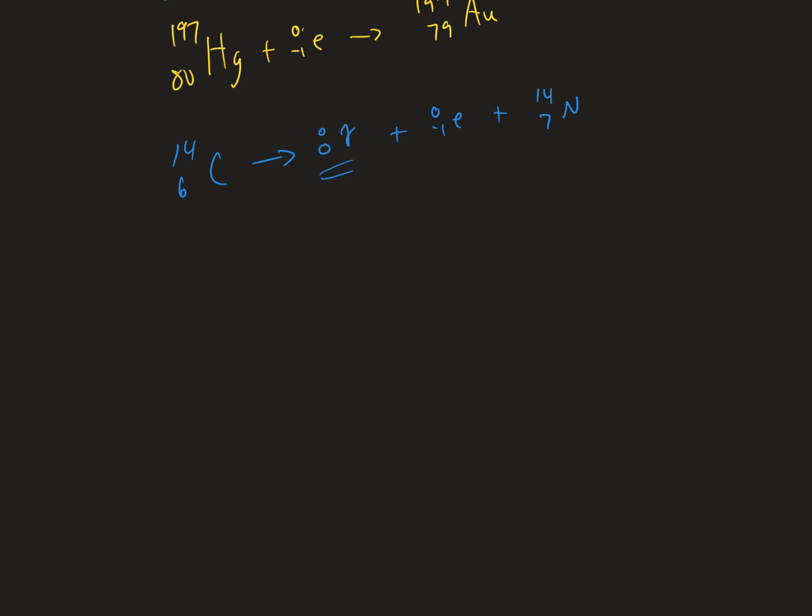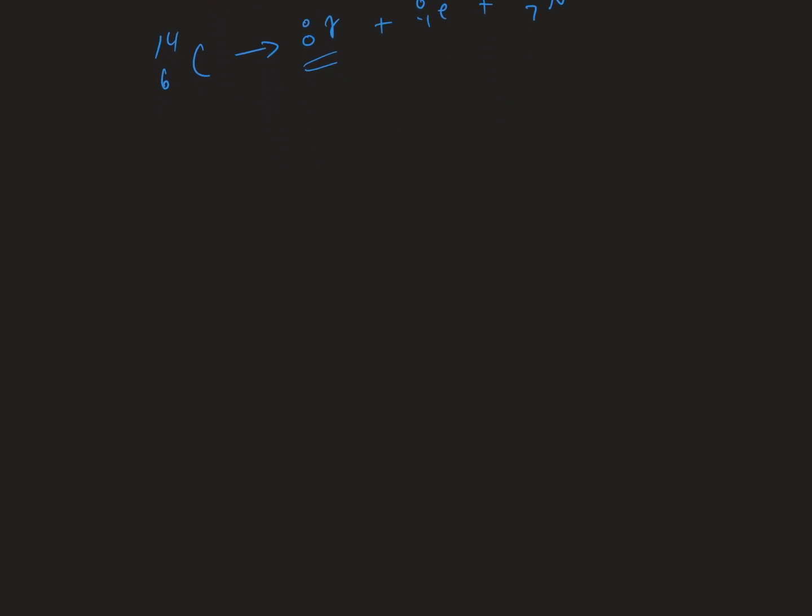So the next one, now we're getting into the energy producing reactions. Nuclear. These ones are the cool ones, guys. Fission. Nuclear fission is when we have one larger isotope that breaks apart.